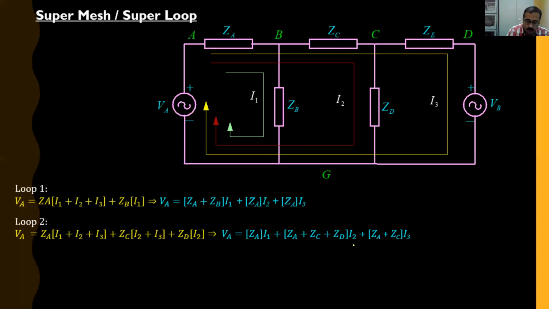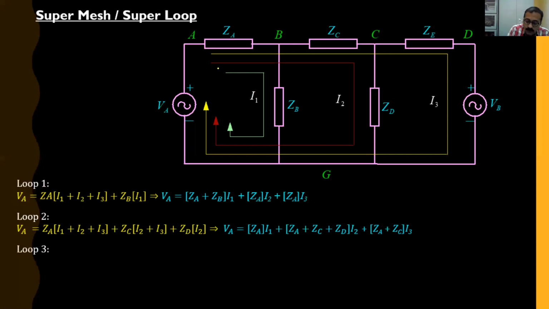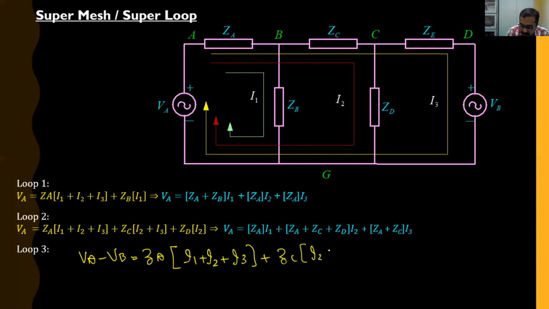Similarly, loop 3. What will you get? For this assumed current direction, plus 2 minus partial drop, so minus VB plus VA. So you will get VA minus VB equal to the drop in the elements comprising that particular loop: ZA into I1 plus I2 plus I3, plus ZC into I2 plus I3, plus ZE into I3.